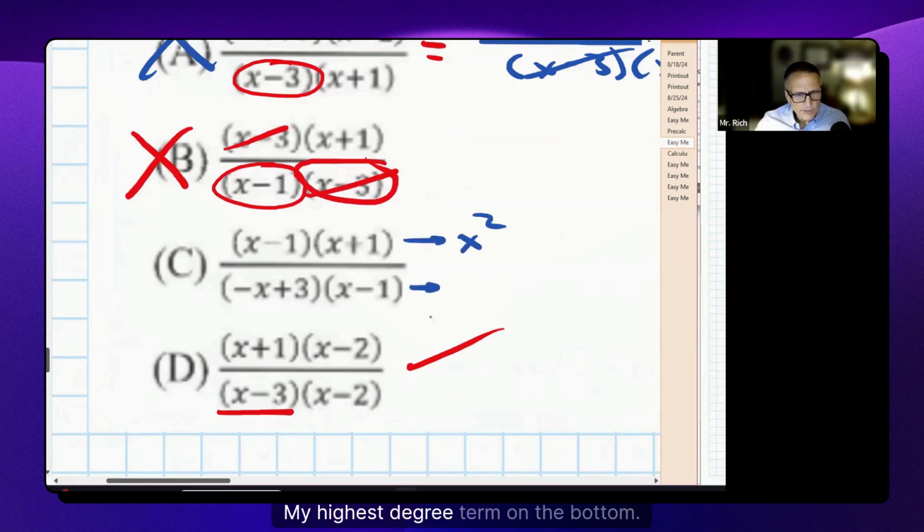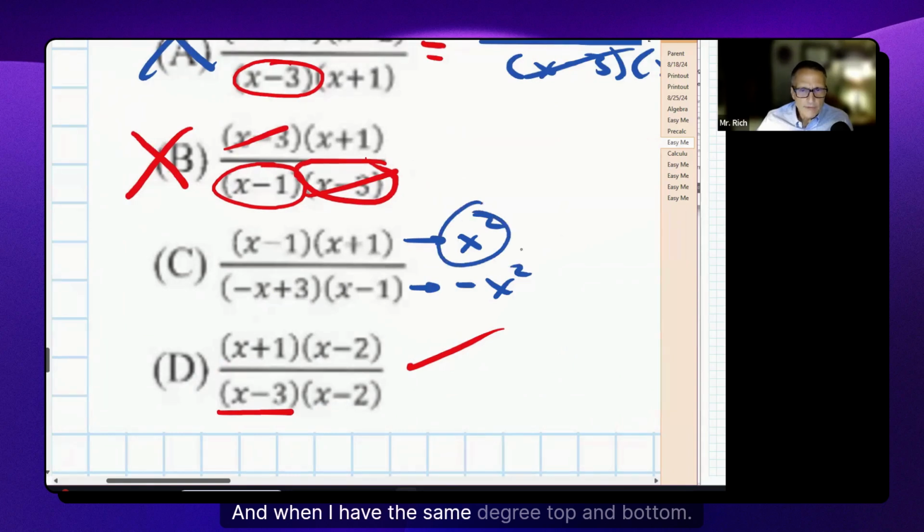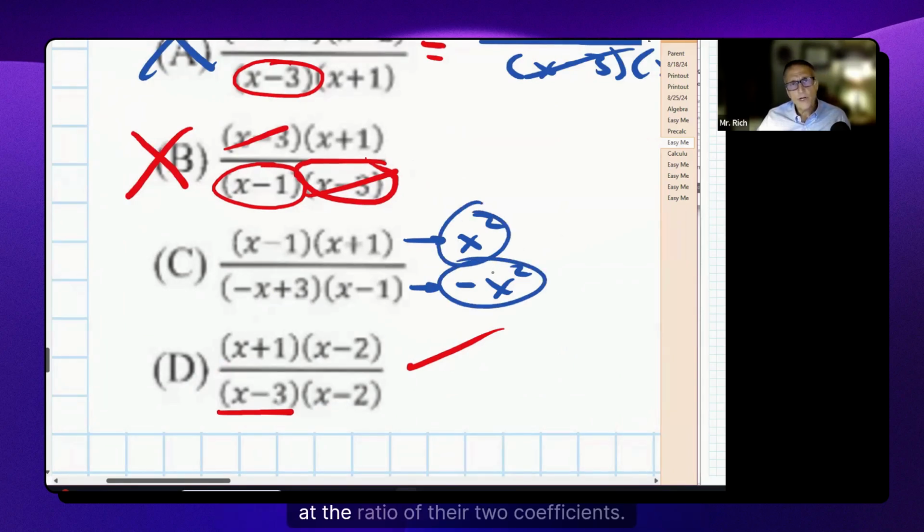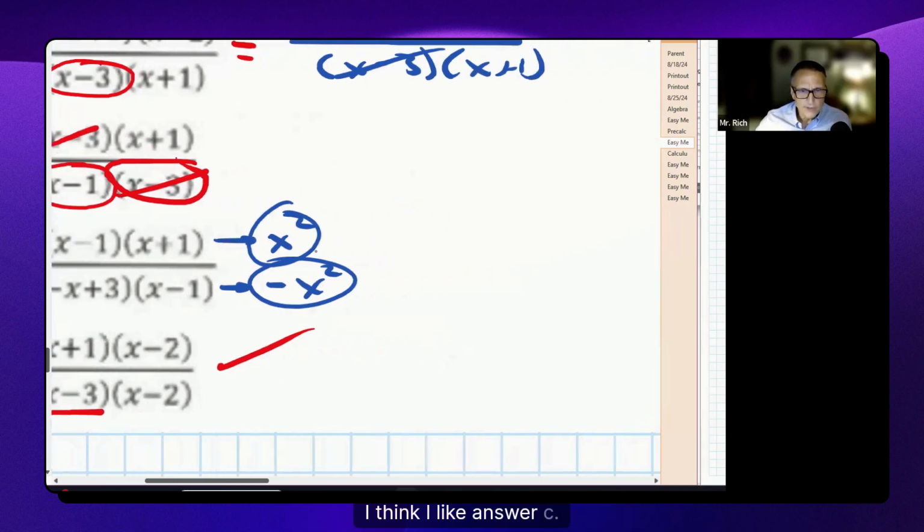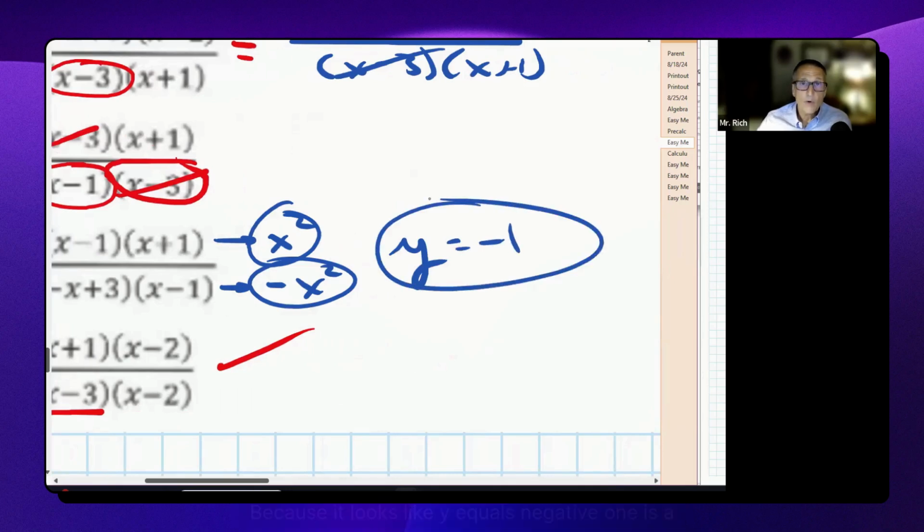My highest degree term on the bottom, if I were to expand that polynomial at the bottom, that would be a -x squared. And when I have the same degree top and bottom, that means that the horizontal asymptote will be at the ratio of their two coefficients. So that means that I think I like answer C, because it looks like y equals -1 is a horizontal asymptote.